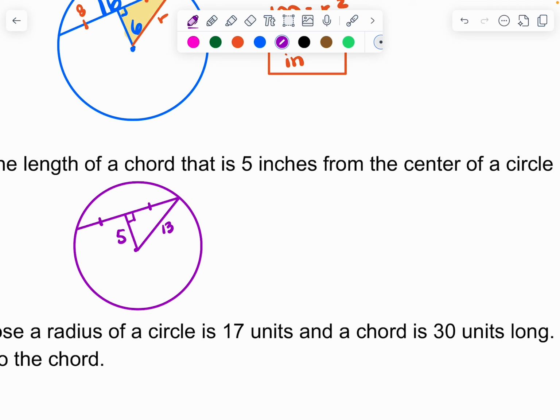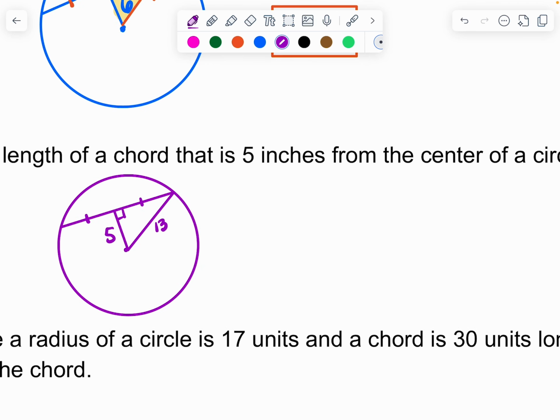Obviously these are congruent because the diameter is perpendicular to the chord, which splits it in half. And that's going to be 12 because that's a 5, 12, 13 Pythagorean triple. If you don't know that triple by now, you can just do a quick little Pythagorean theorem. So if that side is 12, that side is 12. So that means the length of the chord is 24 inches.